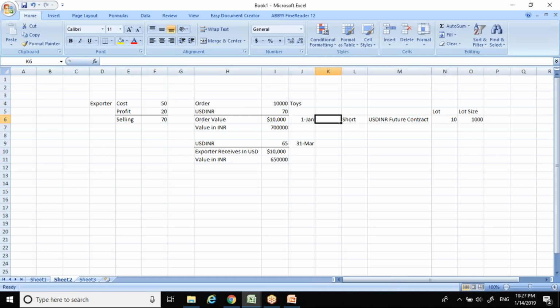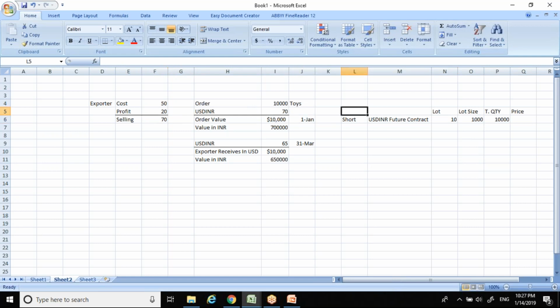Because he's going to receive $10,000, the total quantity would be this much, and the price could be normally higher than the spot. Why?